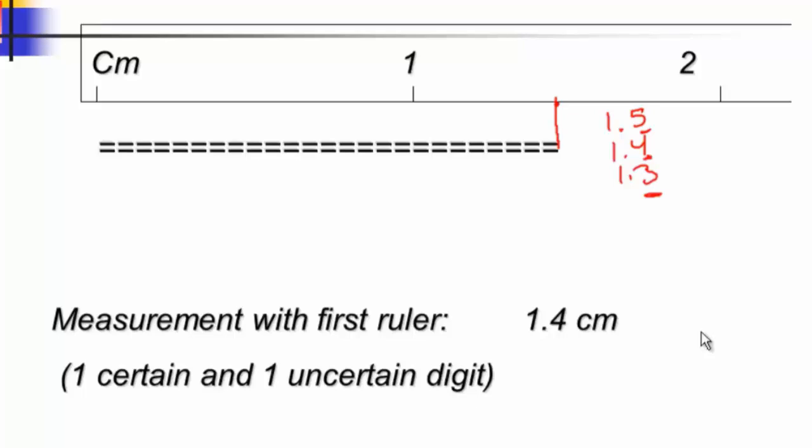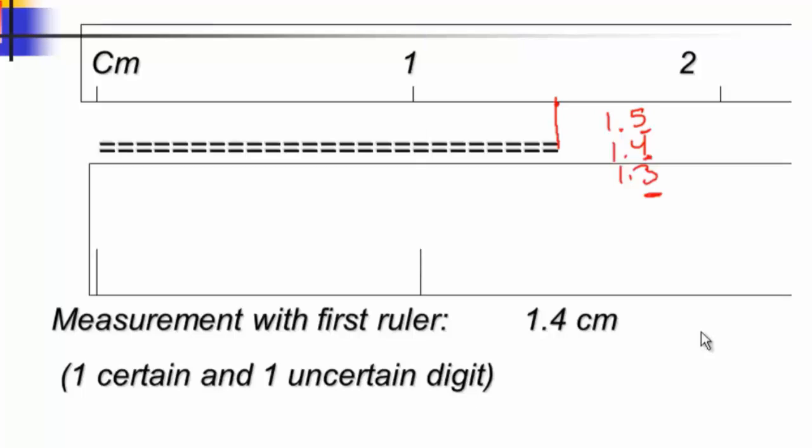Now let's assume we have another ruler, and this ruler, in addition to the centimeter scale, has 1/10 of a centimeter scale, which is millimeter. So now again we are trying to determine where this line ends.